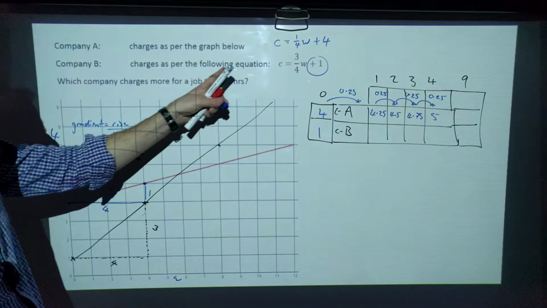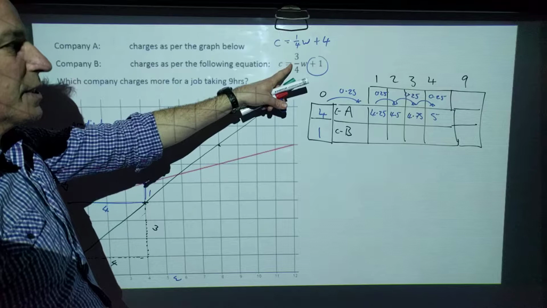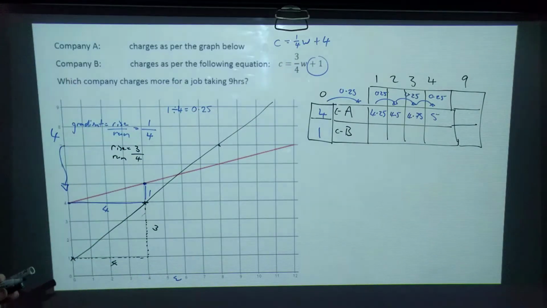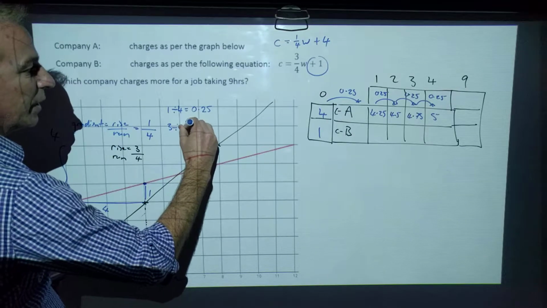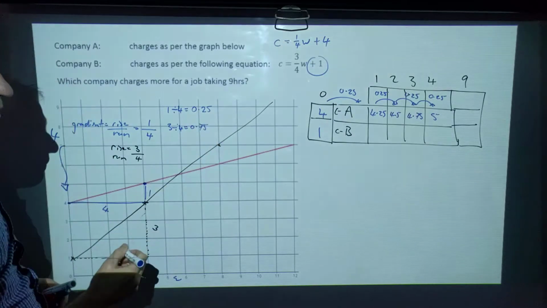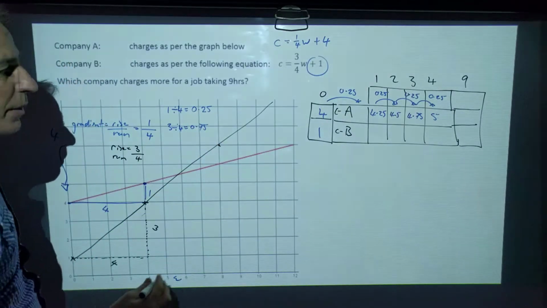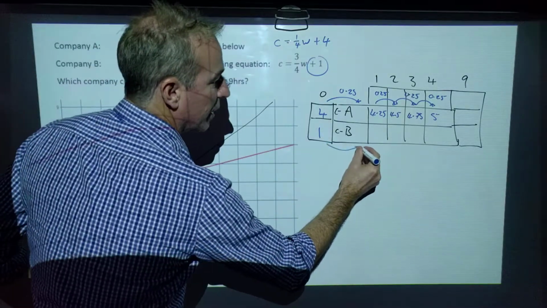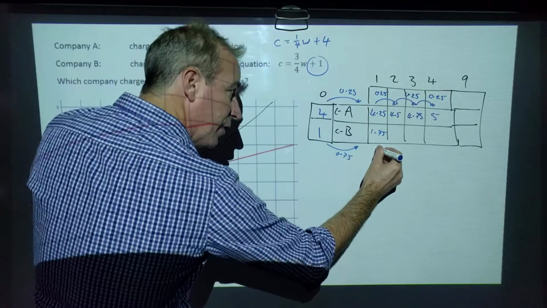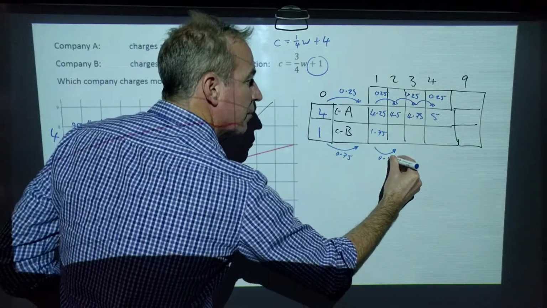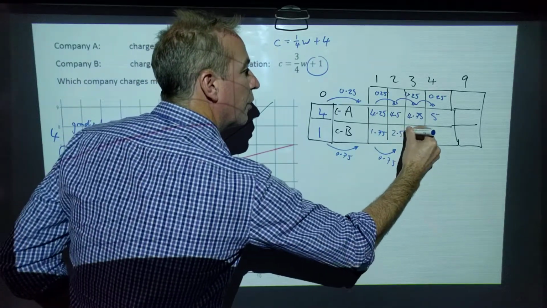For company B, we can see 3 over 4, and 3 over 4 means if we go 3 divided by 4, it's 0.75. So that means B needs to be going up by 0.75 each time. So 0.75, 1.75. Add on another 0.75, 2.5.